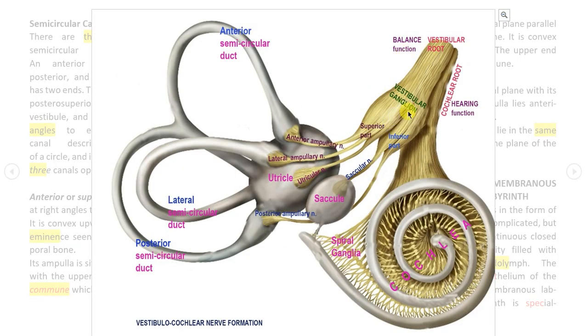Function: the vestibular ganglion and vestibular nerve, when connected with these sensory epithelial cells, are together concerned with balance function. By the word balance we mean linear and angular motion. And the cochlear nerve and spiral ganglia are concerned with hearing function. It is carried out by the organ of Corti, which is inside this cochlea.